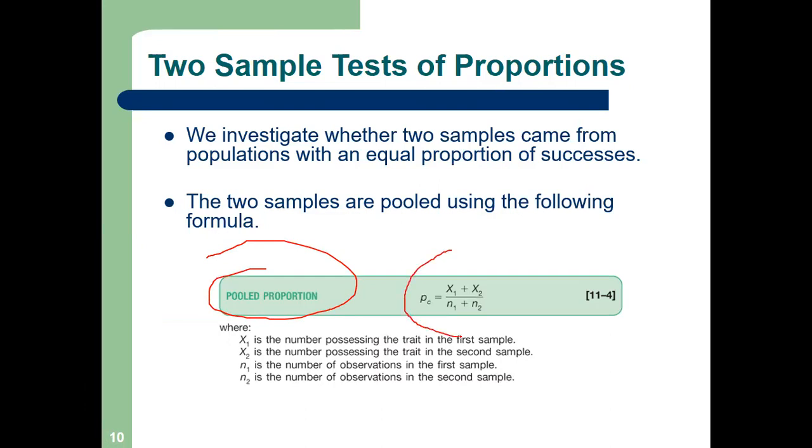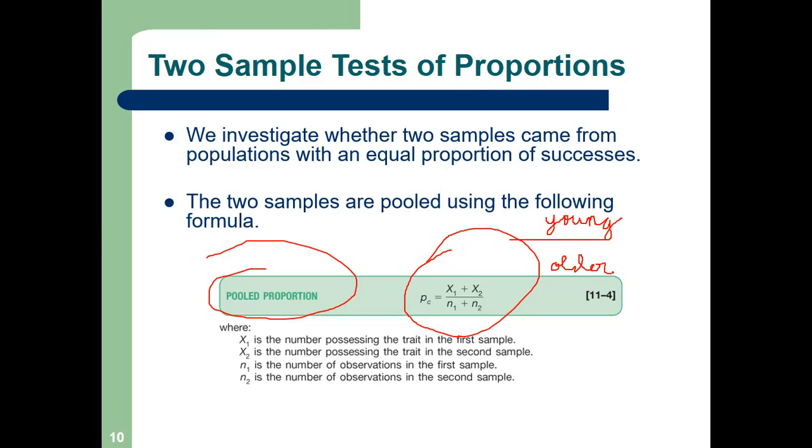So pooled proportion is, try to understand now. Let me give you one example. Suppose we are doing a study on a population which is of two types: young females and older females. Suppose a company has launched a fragrance, and they want to test the liking of the customers, whether the customer likes the fragrance or does not.